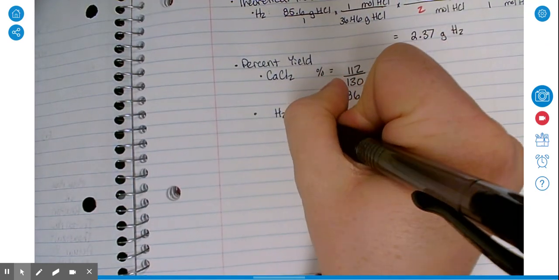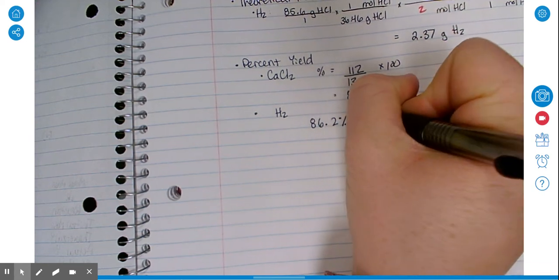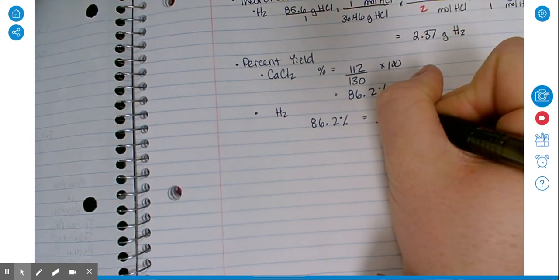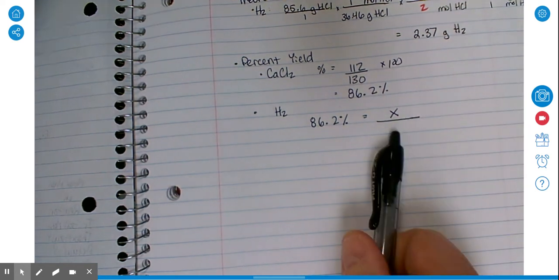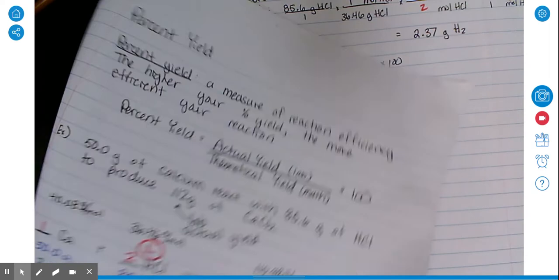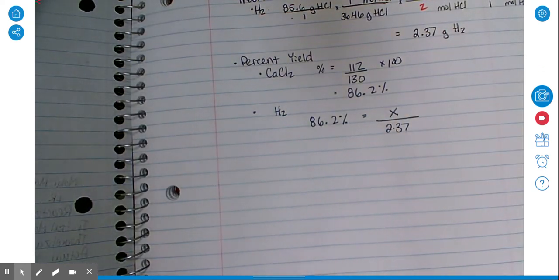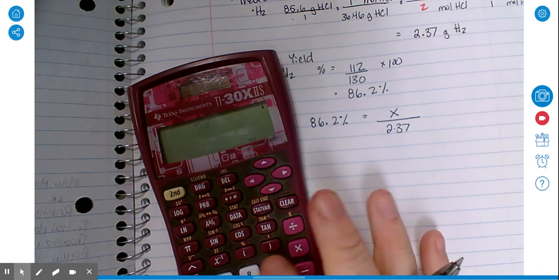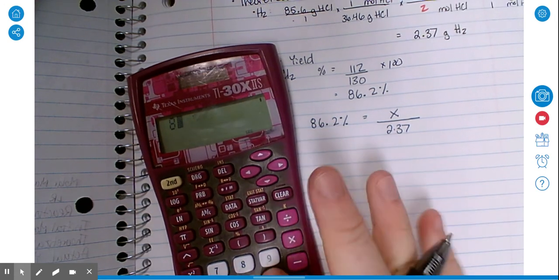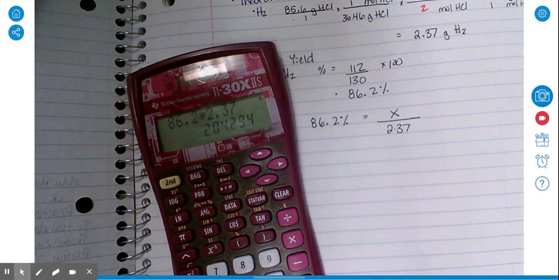This time we know the percent, so we know 86.2%. We don't know the actual yield. We do know the theoretical yield was 2.37. So take your numbers, solve for x, 86.2 times 2.37.